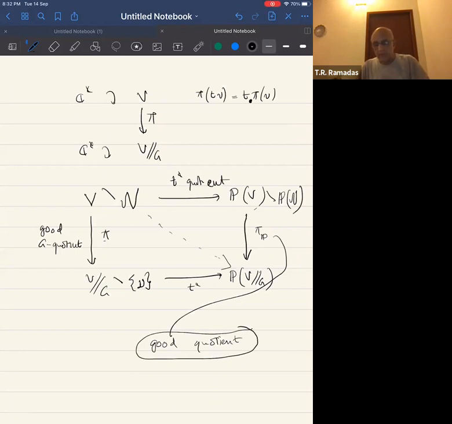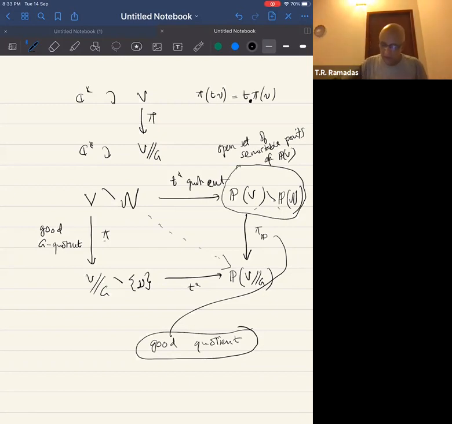So we have now snuck in a closed subvariety of the projective space of V, which is the projectivized null cone, and we are now working with the complement of that closed subvariety, and this is precisely the open set of semi-stable points of PV for the action of G on PV.